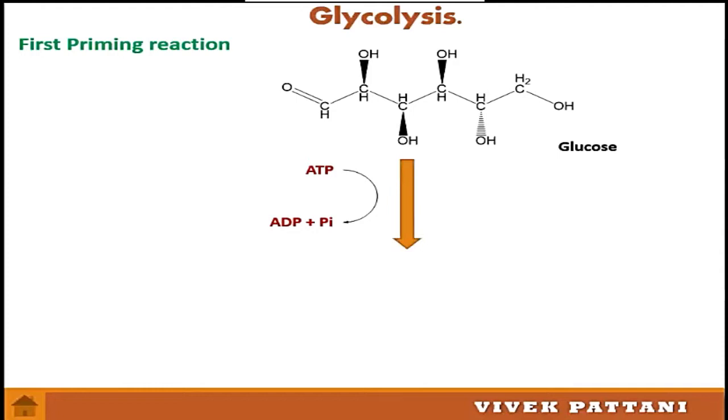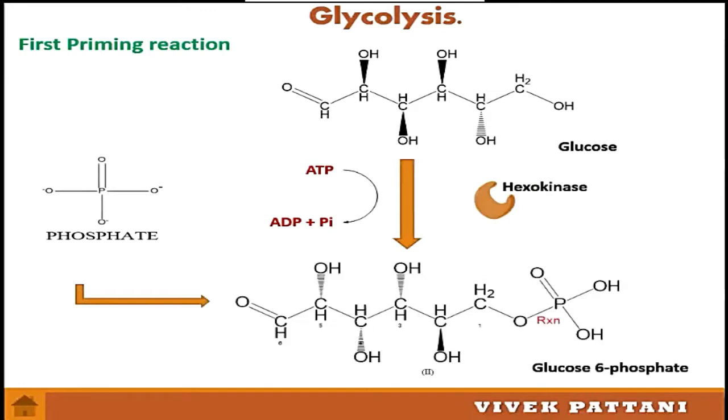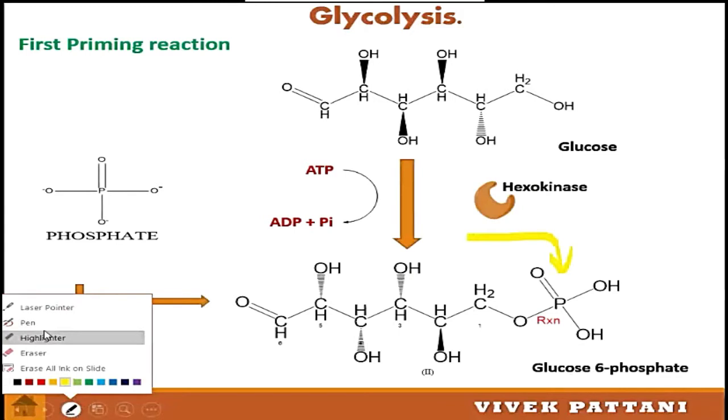So after gaining energy from the ATP molecule, the enzyme hexokinase converts glucose into glucose 6-phosphate, as shown here on the screen.